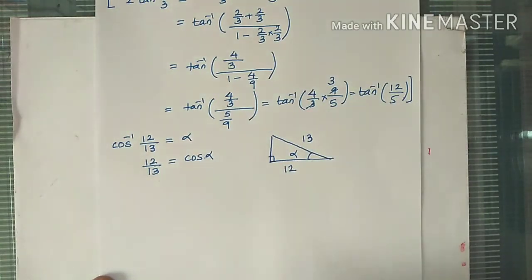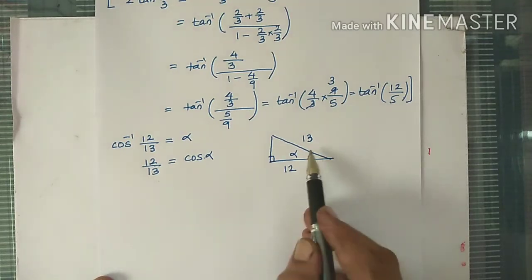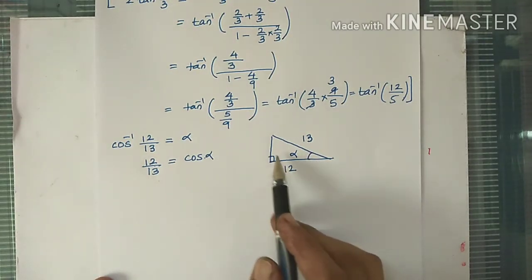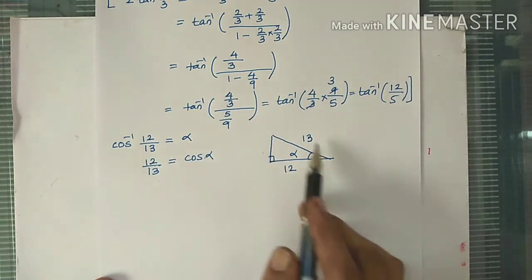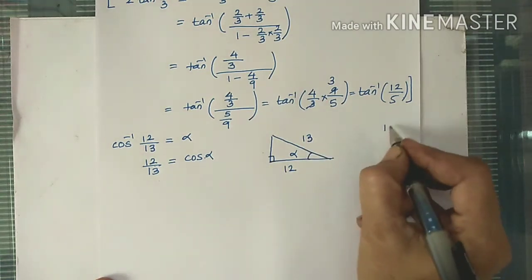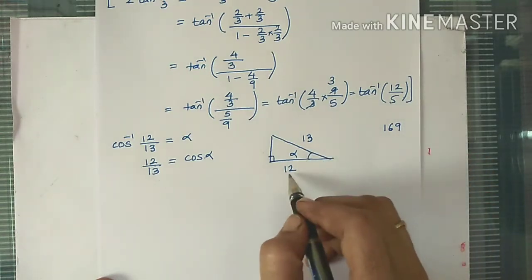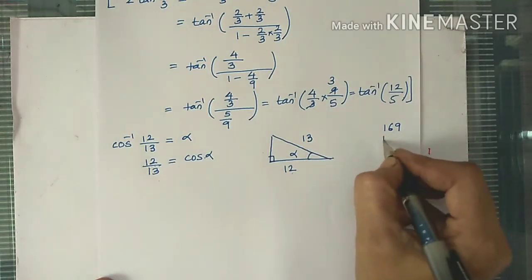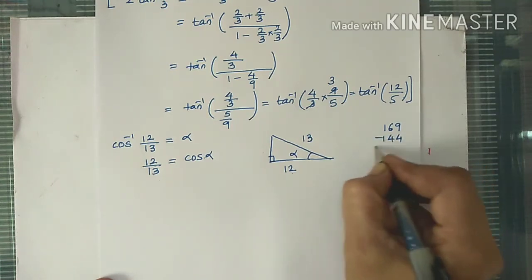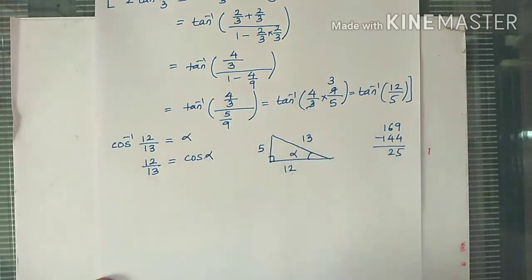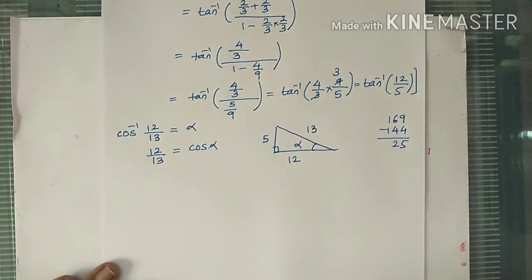Now you can find the third side by finding the difference of the squares of these terms and taking the square root of that. So the square of the hypotenuse is 169, and we have to subtract the square of this term, which is 144. That gives us 25, and taking the square root, we get 5.